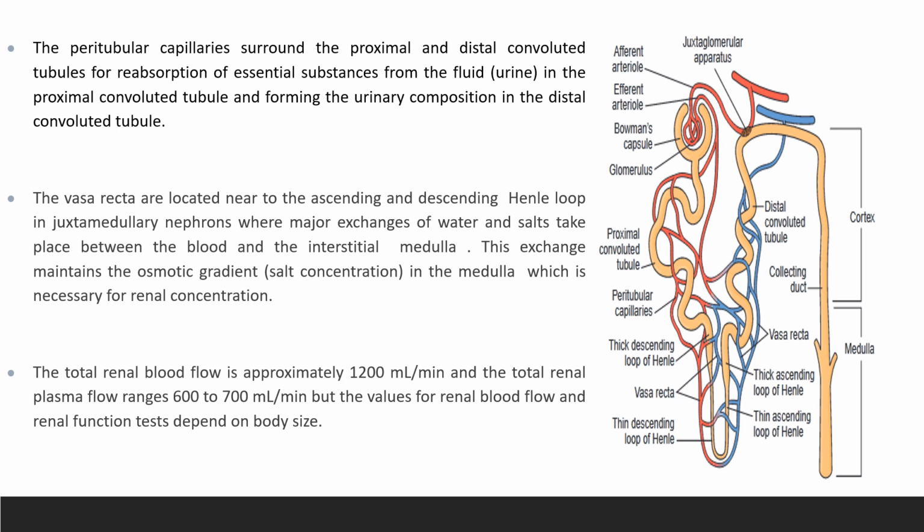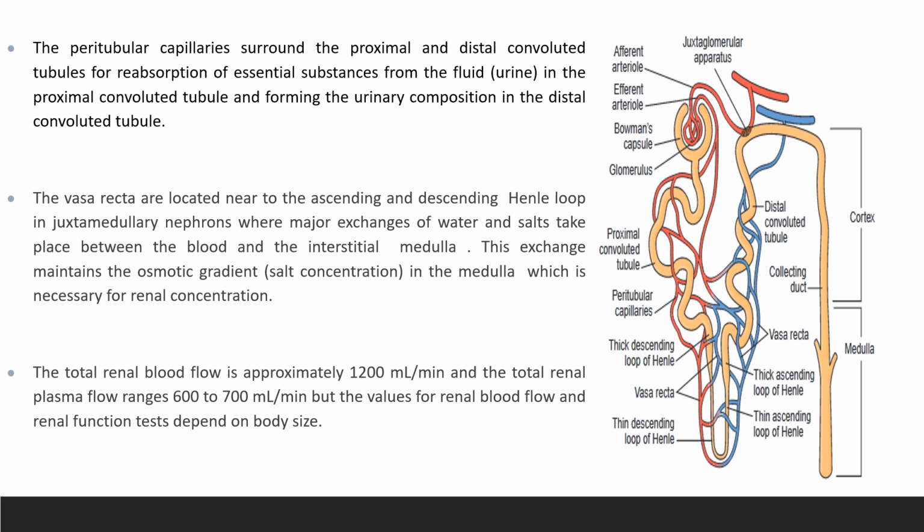The vasa recta is located near the ascending and descending Henle loop in juxtamedullary nephrons, where major exchange of water and salt takes place between the blood and the interstitial medulla. This exchange maintains the osmotic gradient of salt concentration in the medulla, which is necessary for renal concentration.